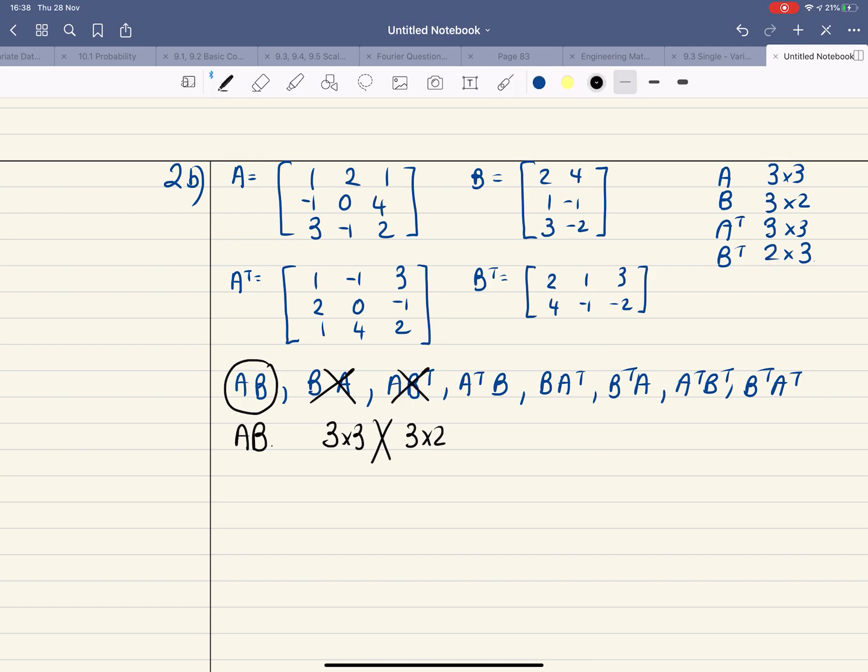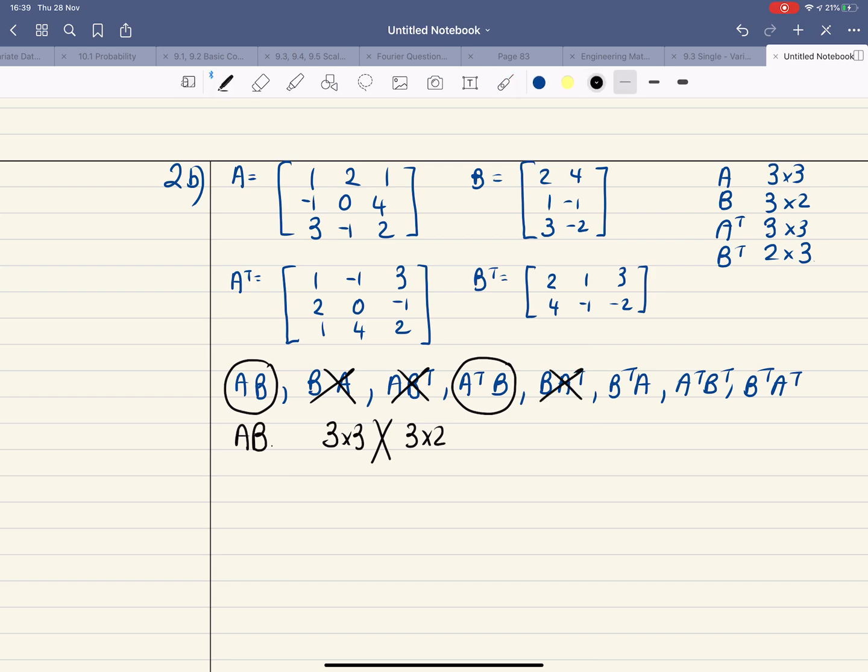A transpose B is going to be possible, because look, the 3 with a 3, so I can work that one out. B, A transpose, it's going to be a 2 with a 3, so that one's not possible.